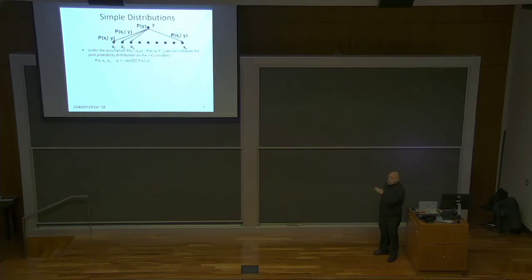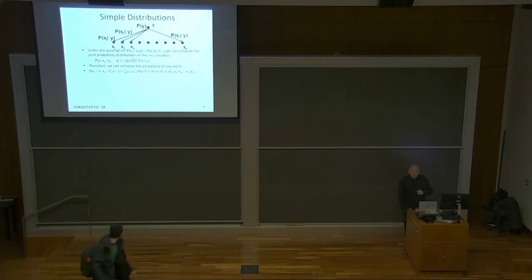So there are n+1 variables, and therefore there are 2 to the n+1 instantiations of these n+1 variables, and each one of them I can assign a probability. They all have to sum to 1, so it's just 2 to the n+1 minus 1 numbers. And because of the assumption, we don't need so many parameters. We can write it in this way. And that's exactly what we want to generalize today.